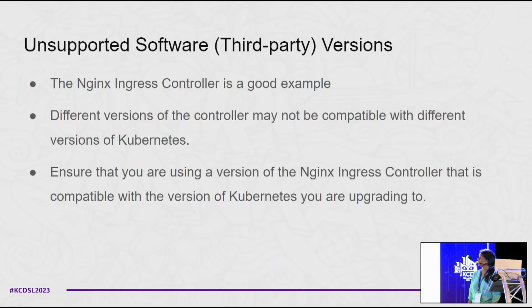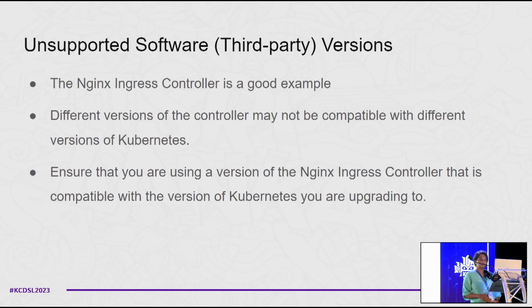The Nginx ingress controller is a very good example of such an unsupported third-party software version that may need to be updated before upgrading your clusters. The Nginx ingress controller is a popular choice for managing ingress traffic in Kubernetes clusters.